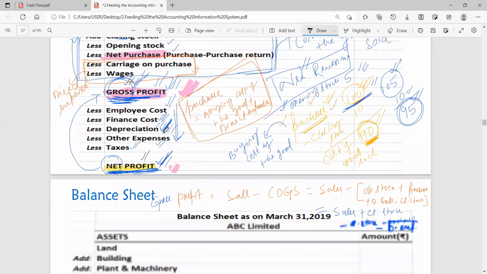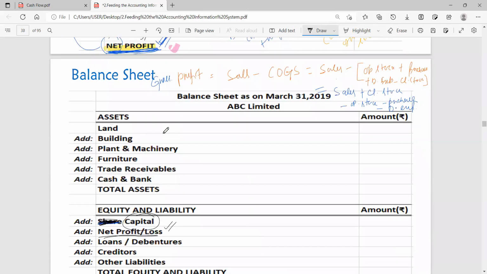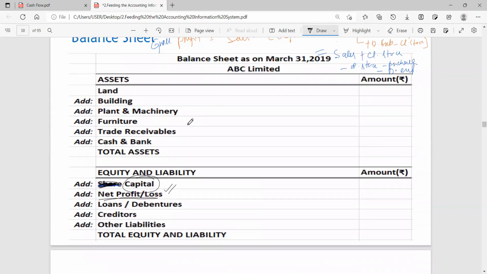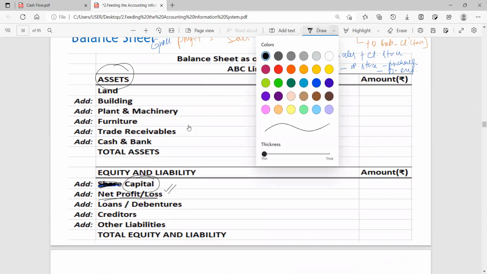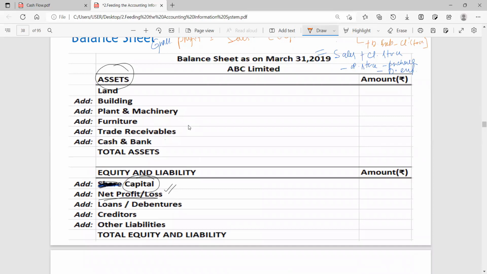Now we will go into the format of the balance sheet, which is basically the detail of resources and obligations of the business. Resources we call assets, obligations we call liabilities, and equity. Equity is basically nothing but capital, the capital fund of the owner.